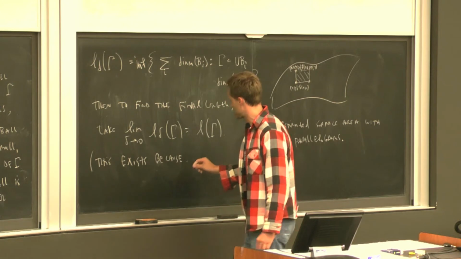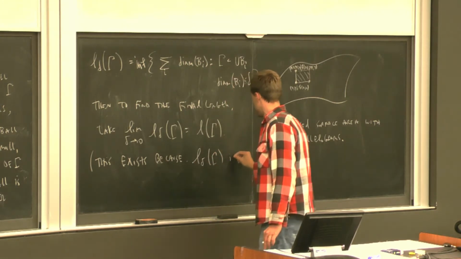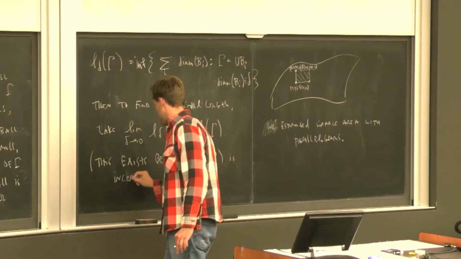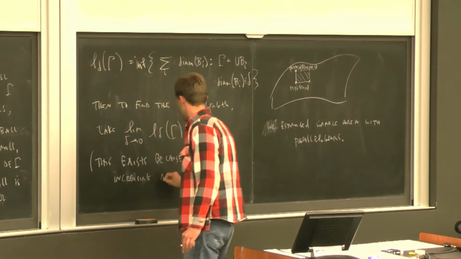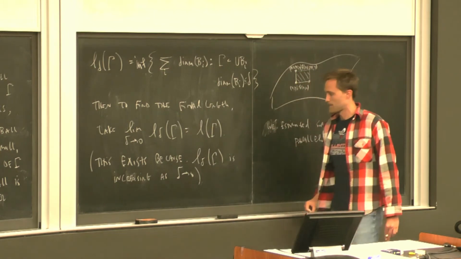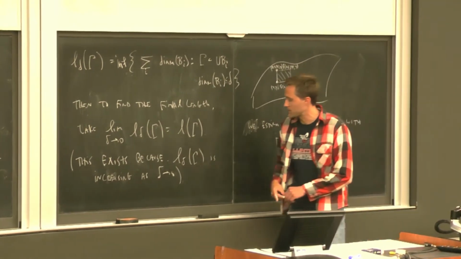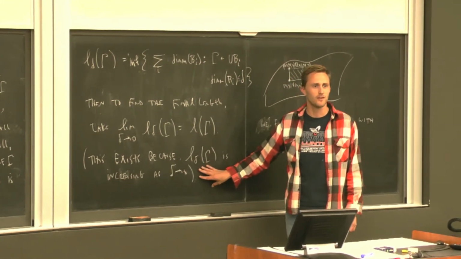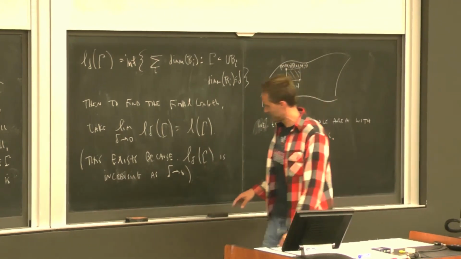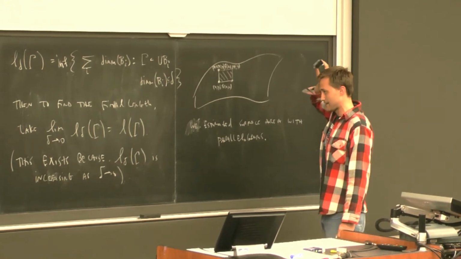And so this exists because L delta of gamma is increasing as delta goes to 0, right? So it's monotonic as delta goes to 0. But in particular, it can't be infinity. You can have a length of a line be infinity. So, very good.